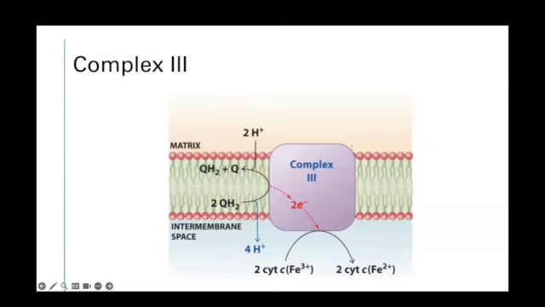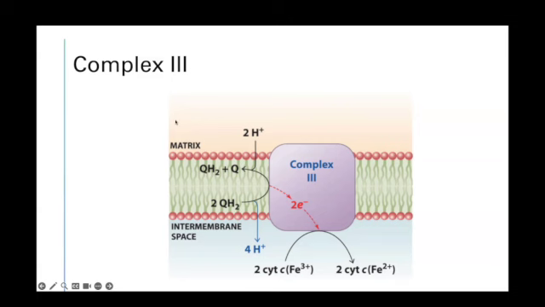All right, complex 3 then transfers electrons from ubiquinol, so from that QH2, to cytochrome C. Cytochromes are proteins that contain heme groups. I already mentioned heme groups a little bit earlier, but if you remember from hemoglobin, they have an iron in their center, an Fe3+, in the middle of the porphyrin ring, and that iron can be reduced from Fe3+ to Fe2+.